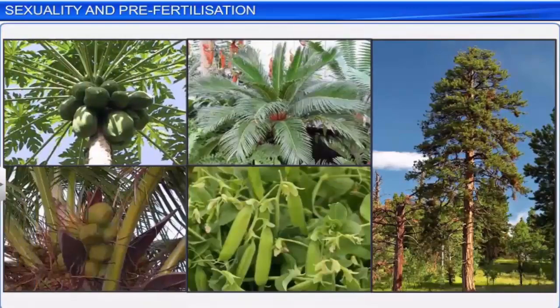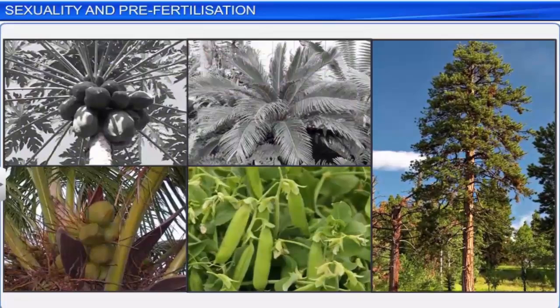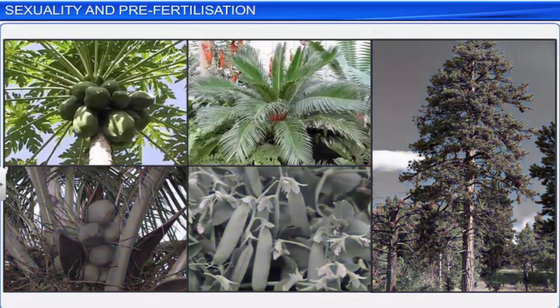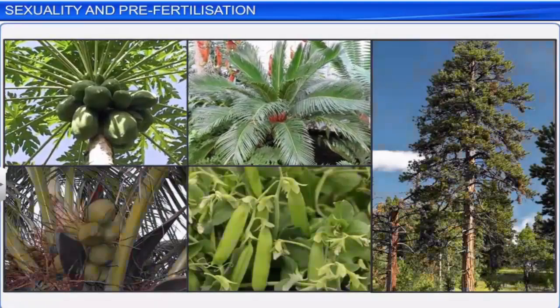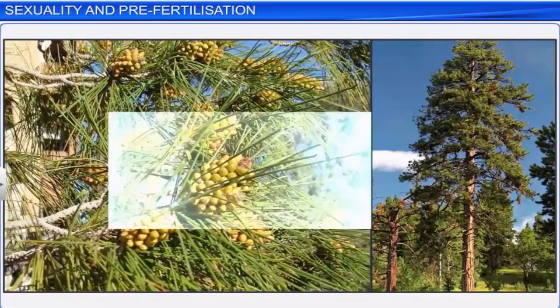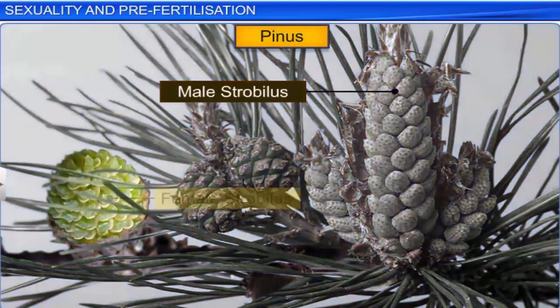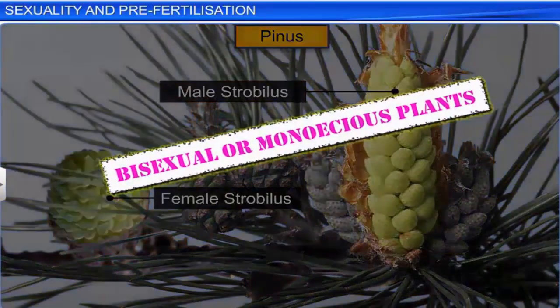Interestingly, while some organisms are endowed with both male and female reproductive structures, others possess only one of either reproductive structure. For instance, gymnosperms such as Pinus possess both male and female strobili and are called bisexual or monoecious plants.